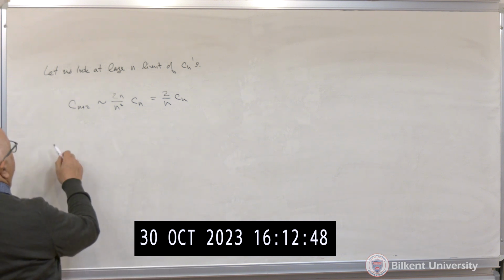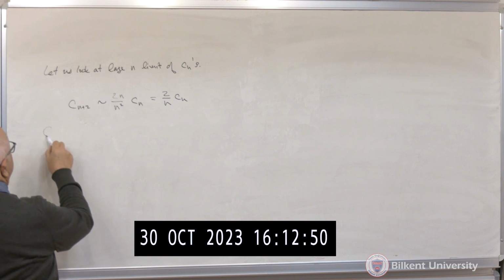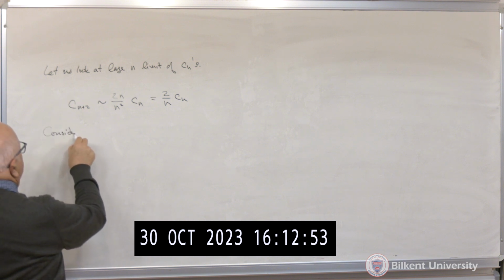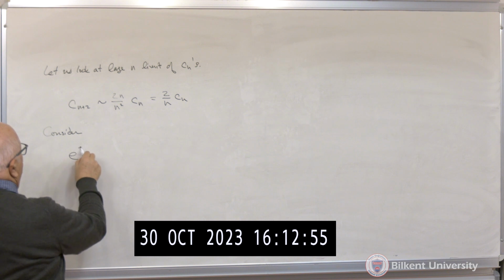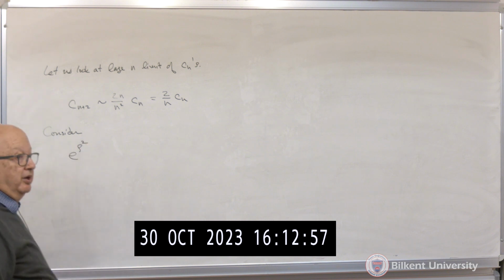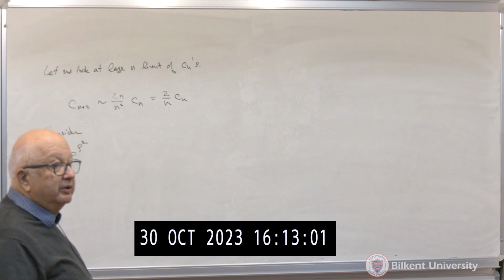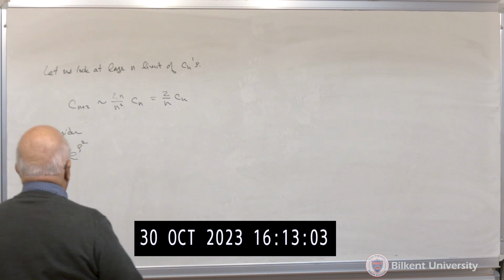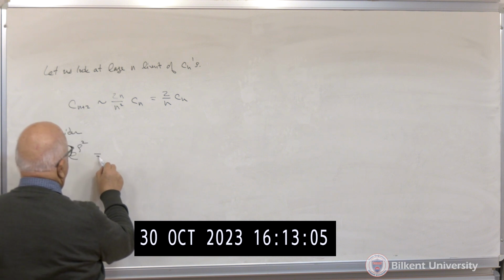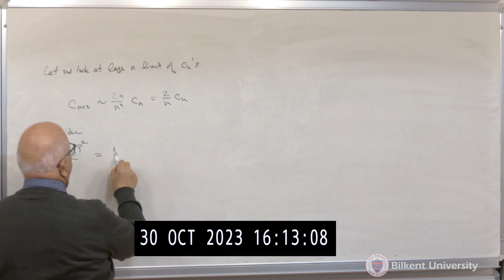Let me consider, we'll see why I am considering this, the function e to the rho squared. What type of expansion do I have for this?